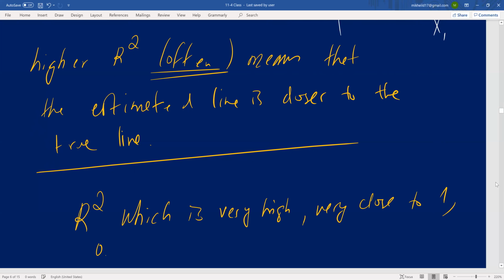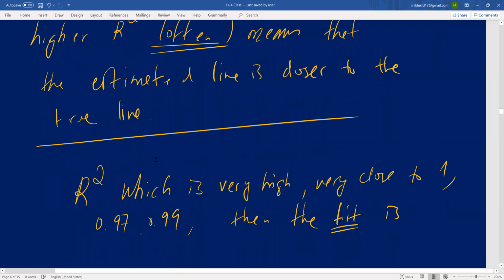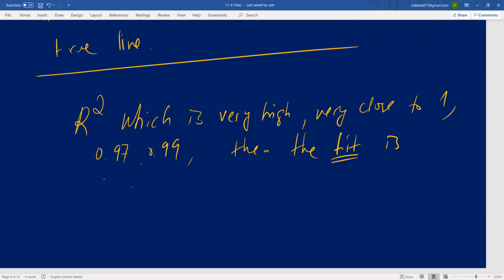For example, 0.97, 0.96 or 0.99, then the fit is really very suspicious.